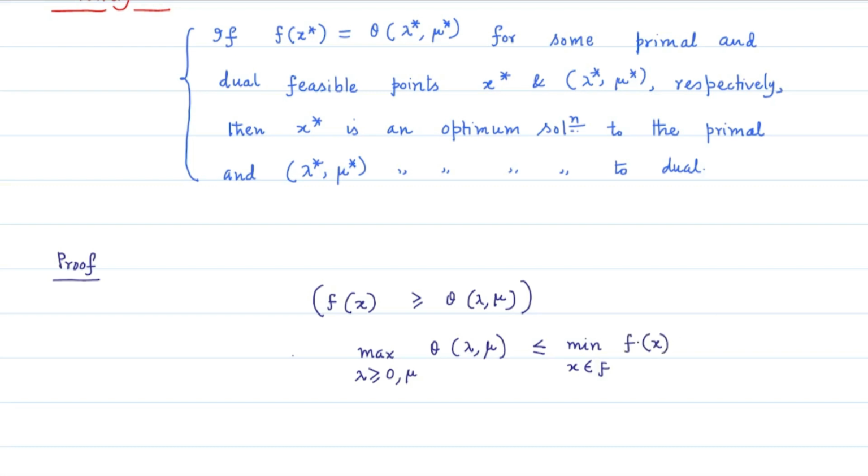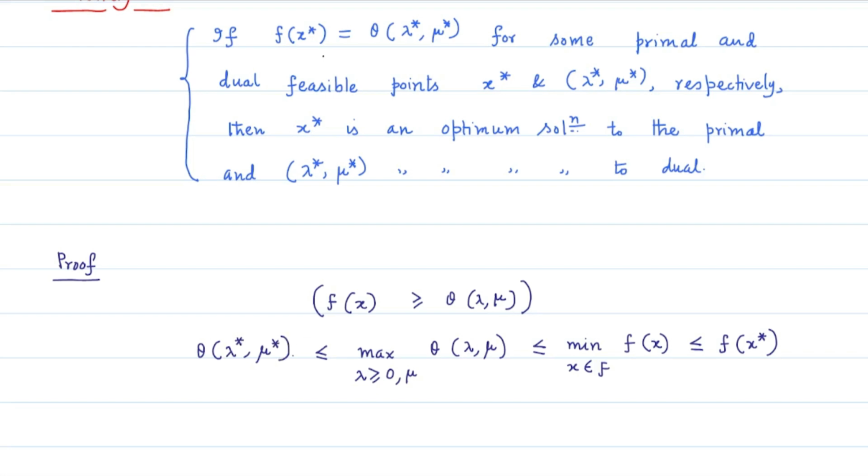Hence, as x star is a feasible point to the primal, the minimum value of this function f over the feasible set capital F is less than or equal to f x star. Similarly, as lambda star mu star is a feasible point to the dual, the maximum value of theta lambda mu over the feasible set is bigger than or equal to theta lambda star mu star.